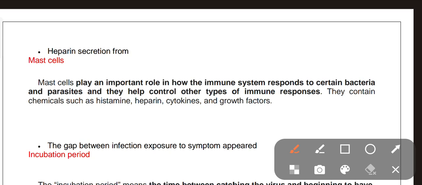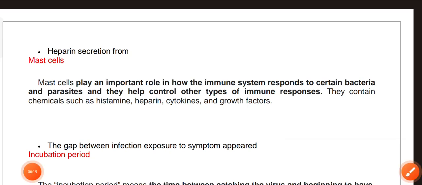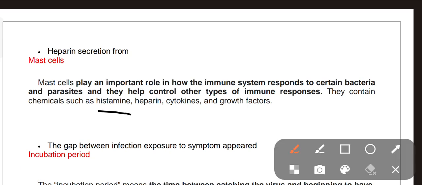When bacteria and viruses enter our body, these mast cells react towards the pathogens, and they also help to control other types of immune responses. They contain chemicals such as histamine, heparin, cytokines and growth factors. These are produced from the mast cells.